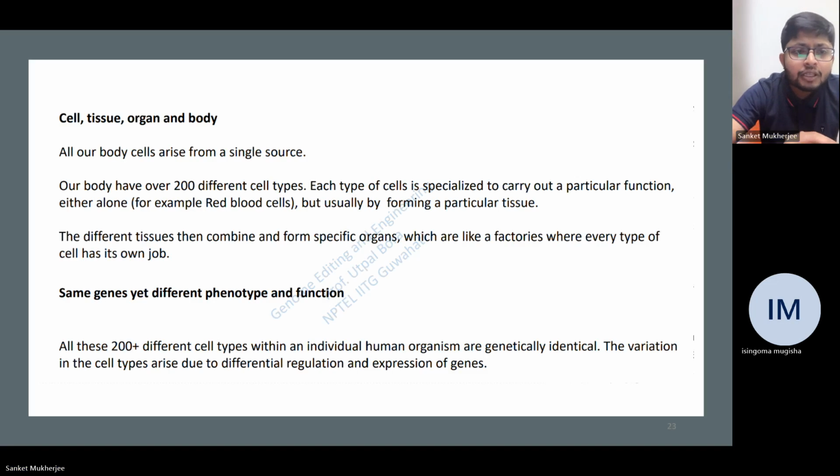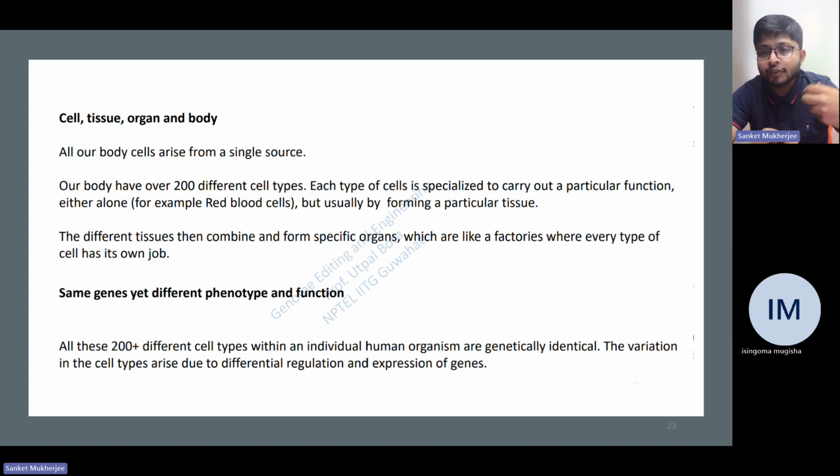So cell, tissue, organ, and body: all our body cells arise from a single source. There's a zygote, which further divides into various cells and forms the entire body of the human organism. Our body has 200 different cell types.